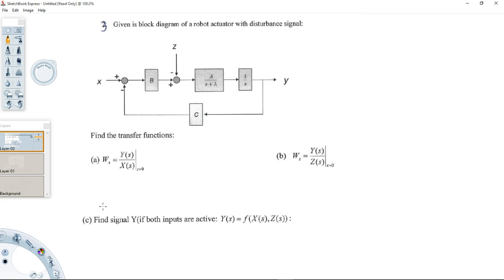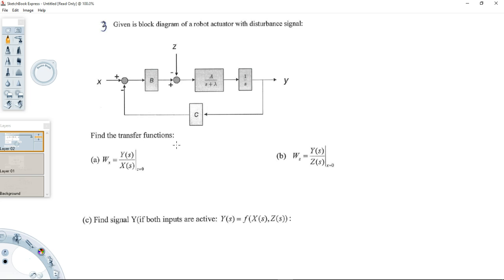So for this question, they want to know the transfer function of y over x when z is evaluated to be 0. That means z could be like a disturbance entering into the system. So in this particular case, z will equal 0 so that you can calculate the transfer function of this whole system without the disturbance of z.